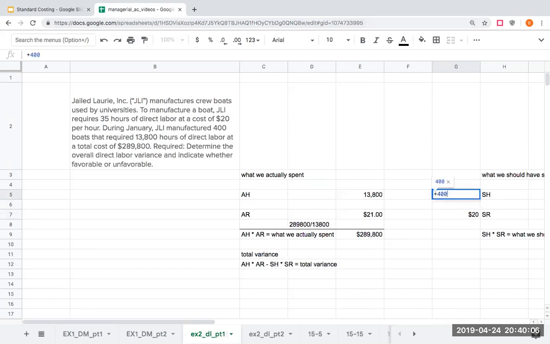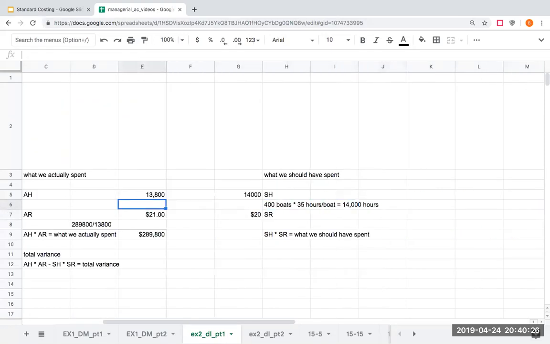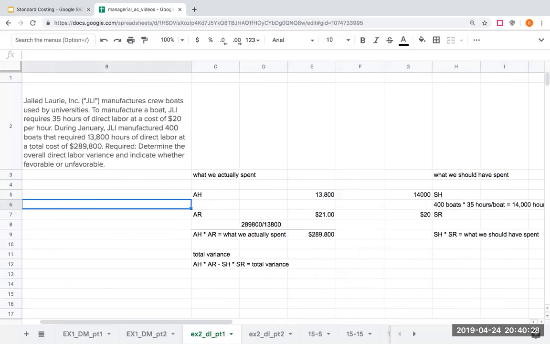I'm going to take 400 boats times 35 hours per boat, which gives me 14,000 hours. So that's how many hours it would take me to make 400 boats. This is my standard, what I expected it to take.